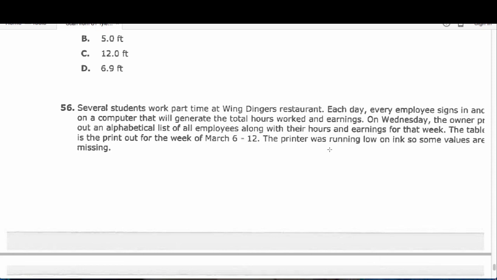On Wednesday, the owner printed out an alphabetical list of all employees along with their hours and earnings for that week. The table is the printout for the week of March 6th through 12th. The printer was running low on ink, so some values are missing.